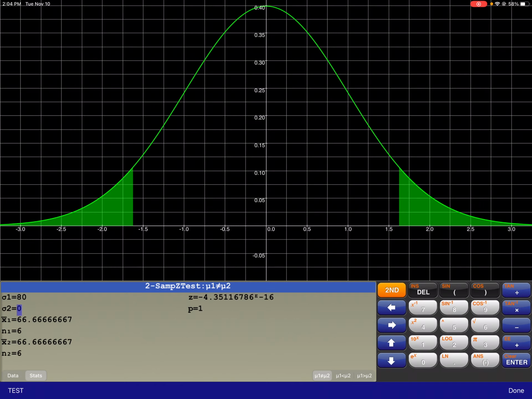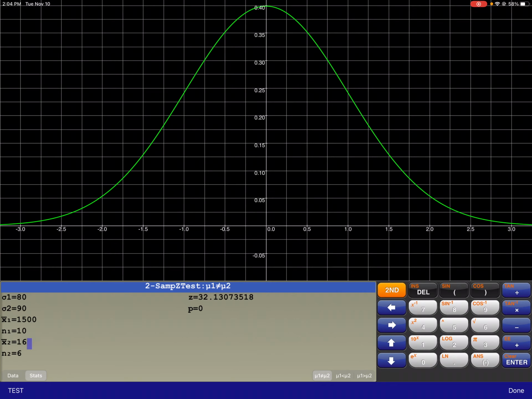My sigma 2 was 90. My X1 was 1500, I think. My N1 was 10. My X2 was 1600. And my N2 was 10. And then notice right away we've got our test statistic is negative 2.63. So that means we did a really good job finding our test statistic.